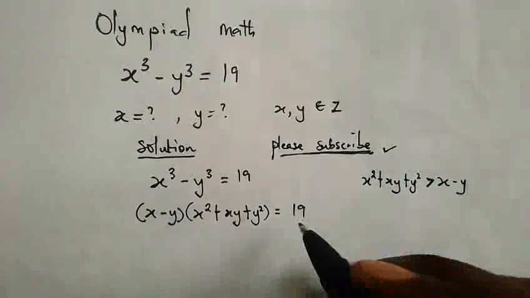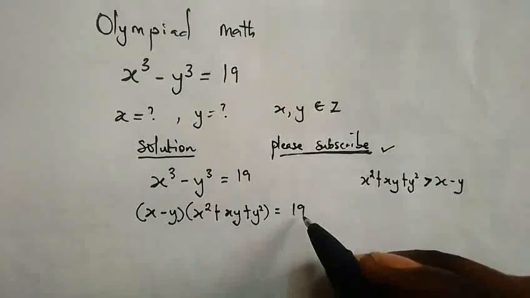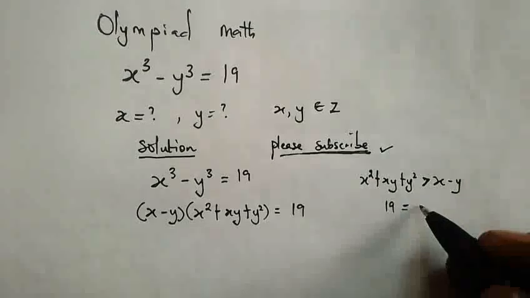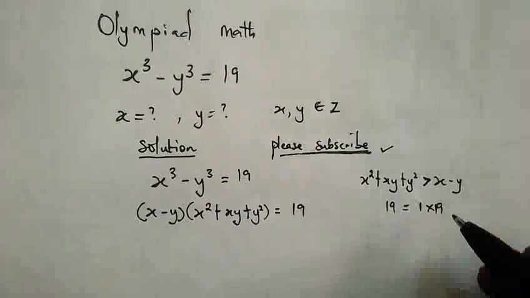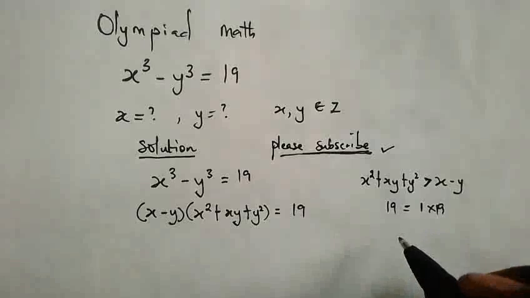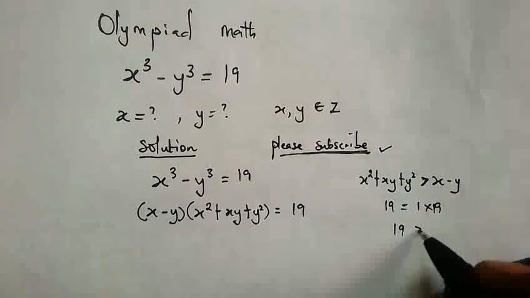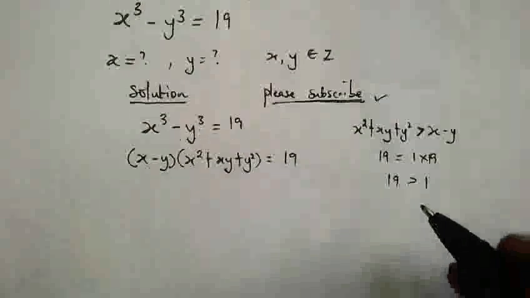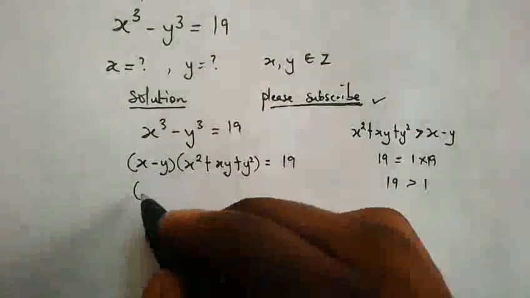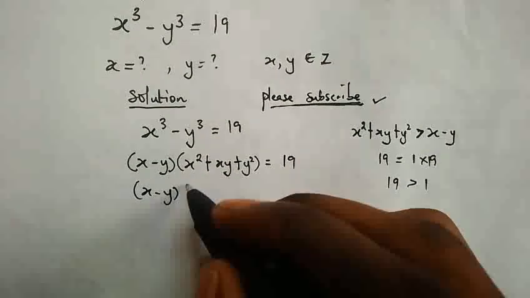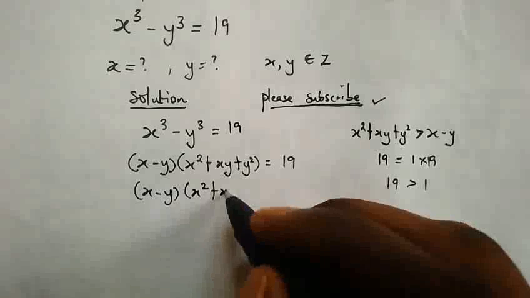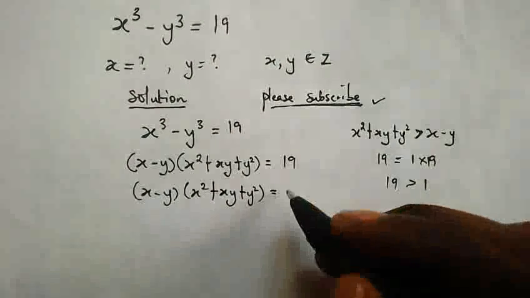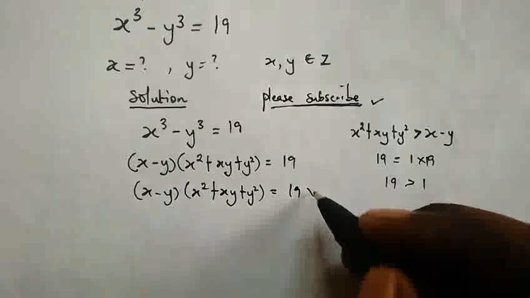Okay, so from the right hand side of this equation, we're going to factor 19 as follows. That is 1 times 19, having it known that 19 is also greater than 1. So here we have x minus y multiplied by x squared plus xy plus y squared is equal to 19, which we'll write as 19 times 1.